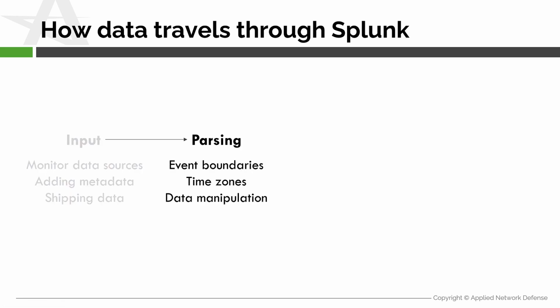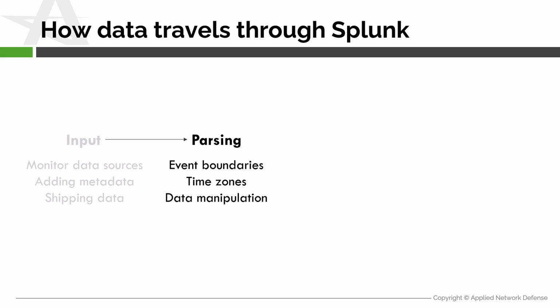The phase after input phase is the parsing phase. This is where we want to find the event boundaries. So imagine a huge text file is coming in. The question is, is every single line an event, or are multiple lines an event? Which characters are we searching for to split up the stream of data into dedicated events?